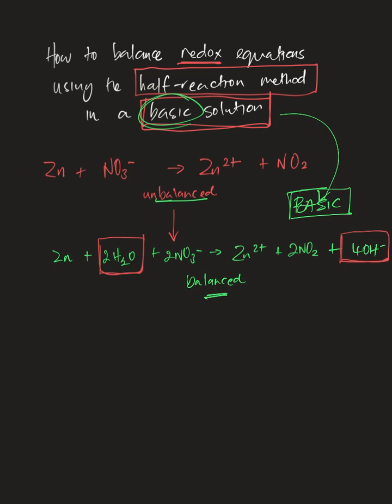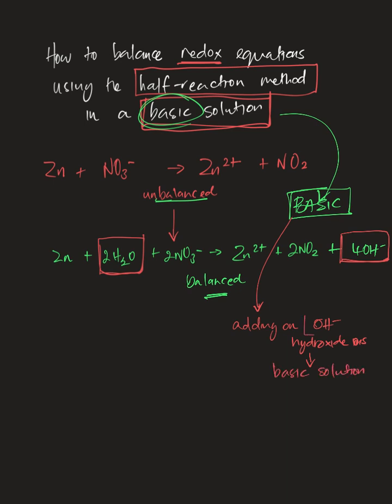So when we talk about a basic solution, we must recognize that if I'm looking at the word basic, I'm looking at adding on OH minus, or rather hydroxide ions, right, to balance these equations. Because if I add more OH minus, the solution is becoming more basic, right?